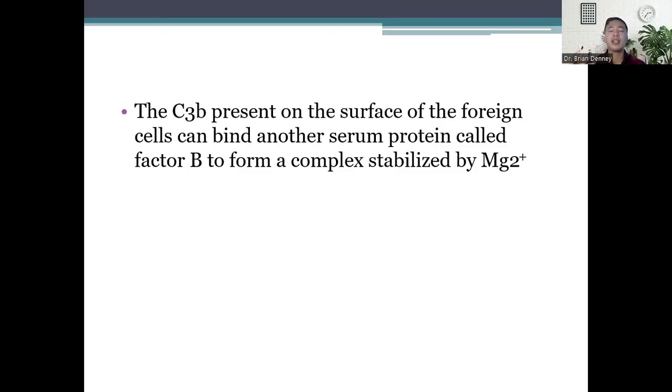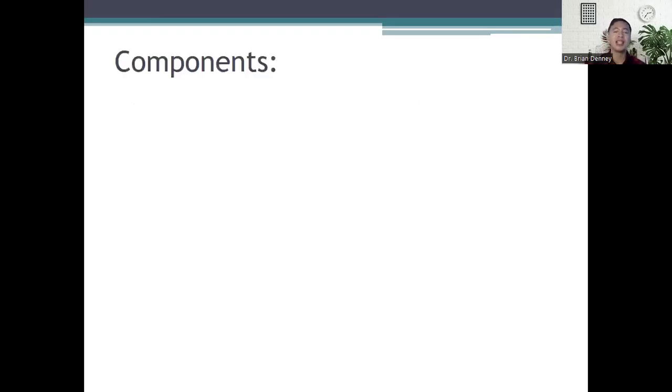These larger fragments, the C3b molecules, bind themselves to the surface of the parent cells, and in the presence of magnesium ions, become complexed to another protein in the alternative pathway termed factor B. So C3b and factor B bind together in the presence of magnesium, forming a complex. What is the name of that complex? I will tell you later. But for now, let's discuss first the different components of your alternative pathway. We have factor B.